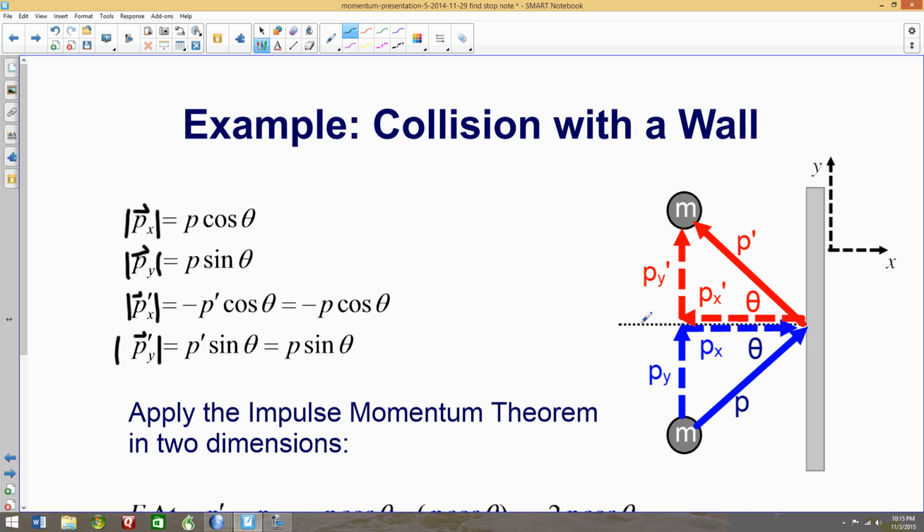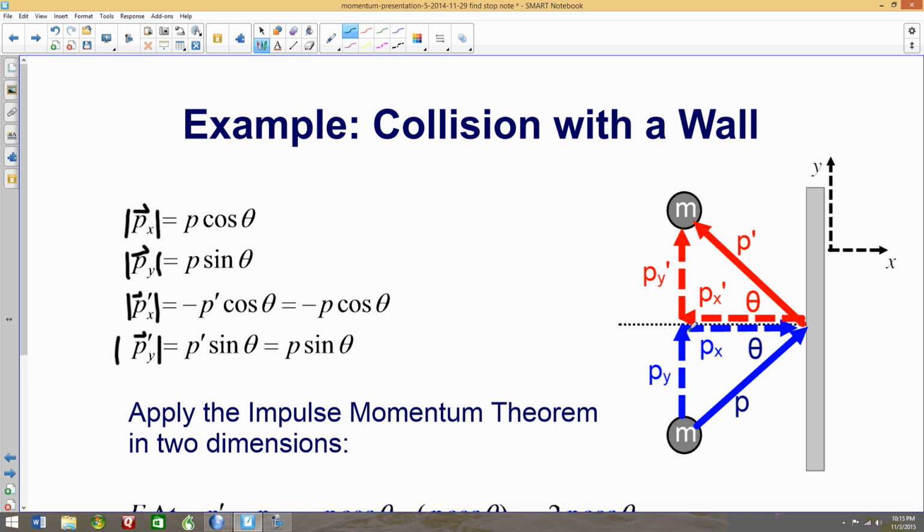Now, we know from our diagram here that negative P prime cosine theta, which is the px prime here, is going to be in the opposite direction of the px here.